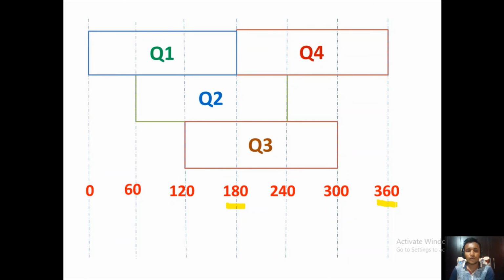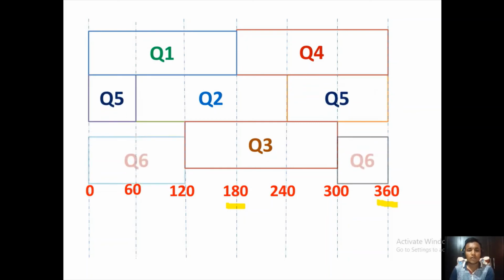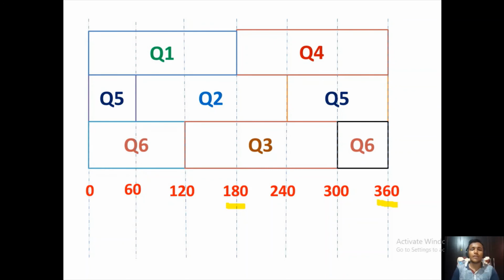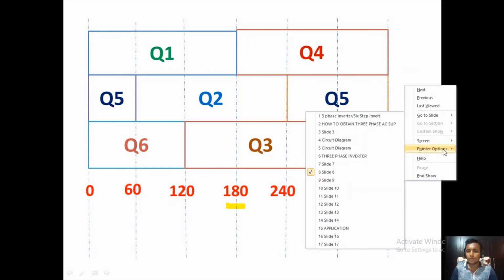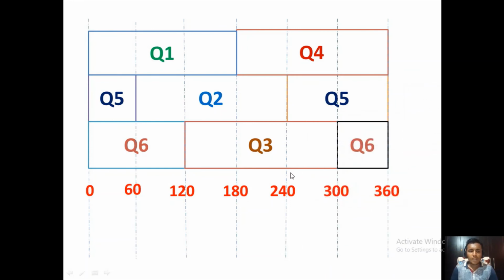Then Q5 is on at alpha equal to 240 degrees and Q6 is on at alpha equal to 300 degrees. Here the sequence continues for further cycles after 360. Okay, we have only seen one cycle. Now that is the gate driving waveform for Q1 to Q6.